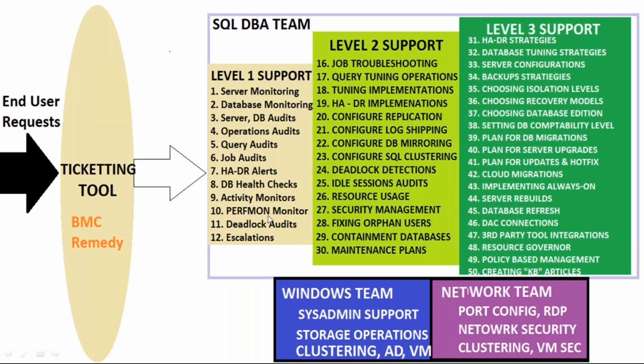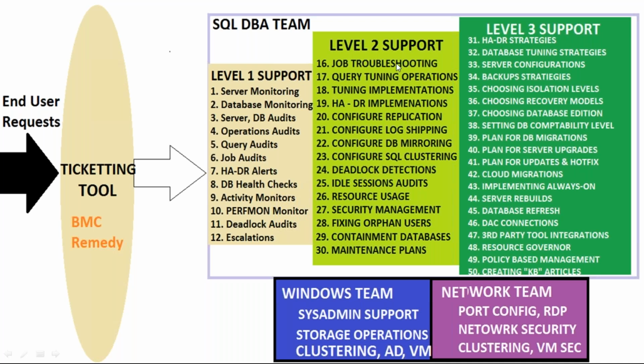From L1 support, usually junior DBAs would be in the L1 team, level 1 team. They try to solve the problem. If not, they escalate it to L2, level 2. These are senior DBAs, L2 support, experienced DBAs.